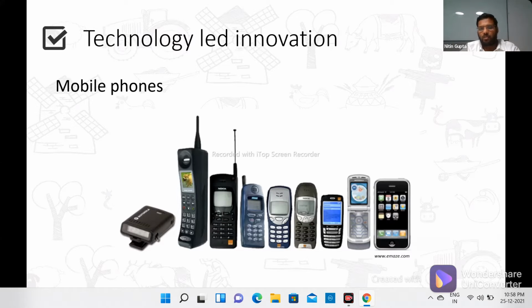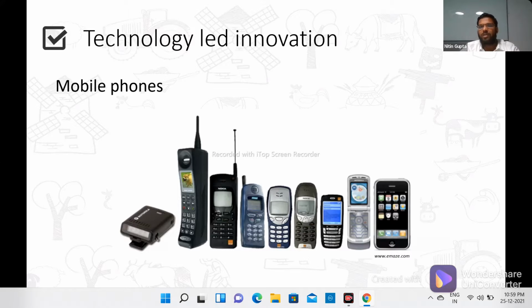And from the last 20 years, if you've seen the evolution of phones, we had all sorts of phones which could flip, which could slide, we could do a lot of things. Those were not driven by the demand of the consumer. They were purely based on the possibility of the technology.